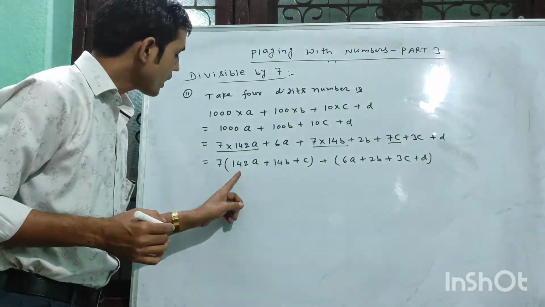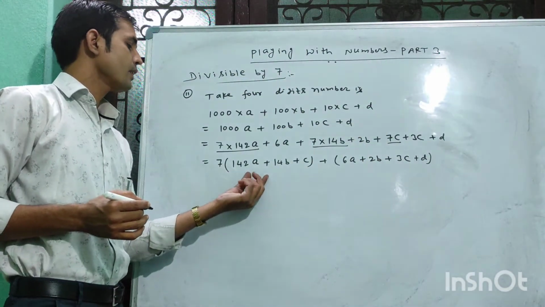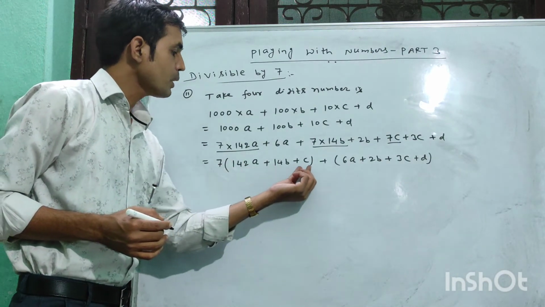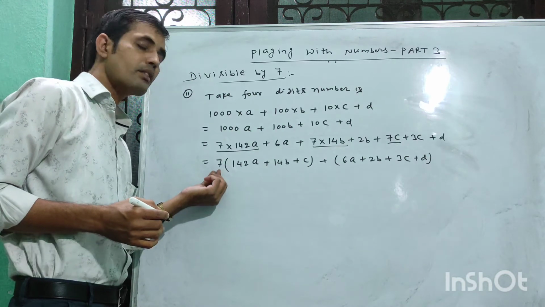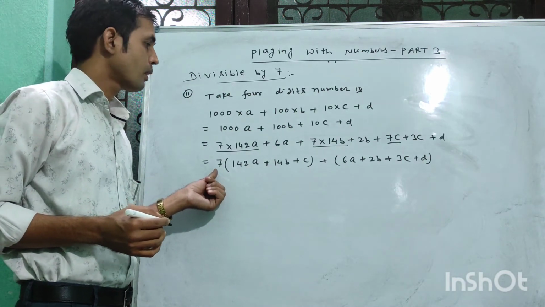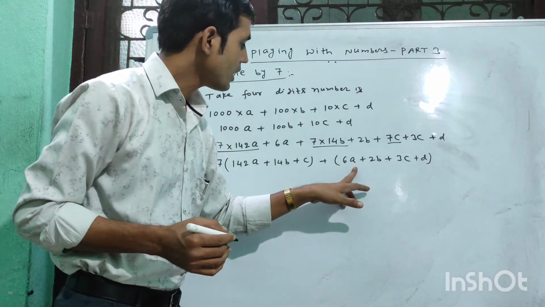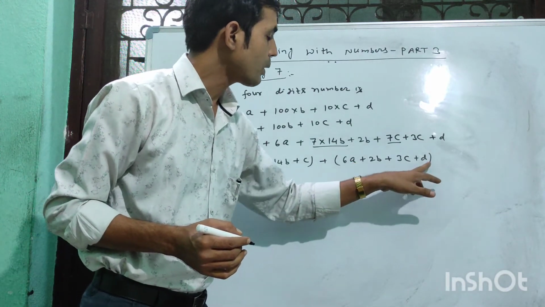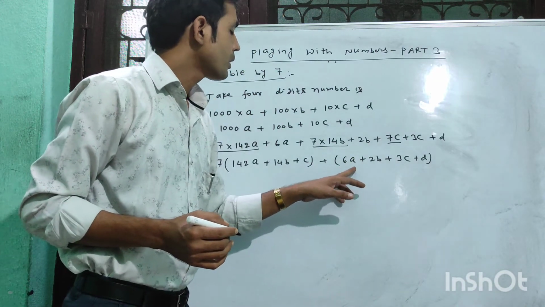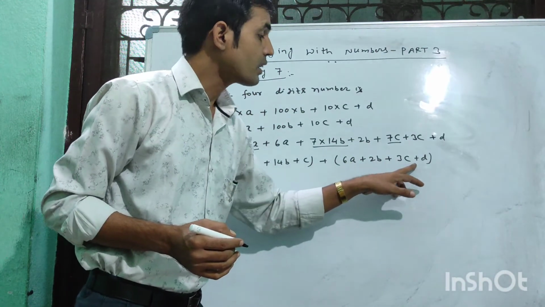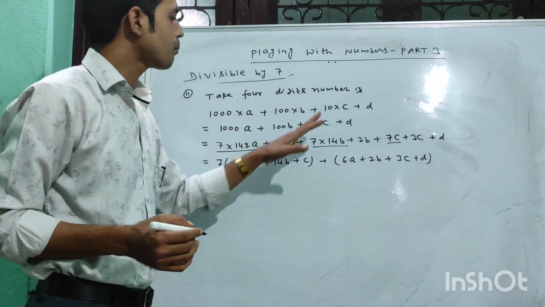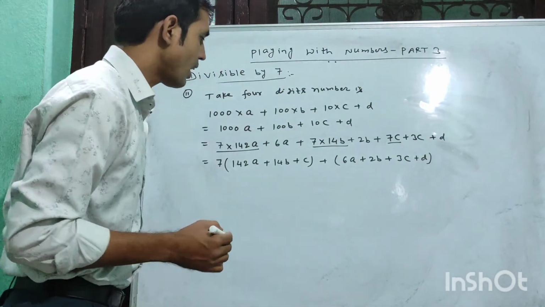Now what are you observing here? 142A plus 14B plus C is divisible by 7. Why? Because it is a multiple of 7. But here, 6A plus 2B plus 3C plus D: if this term is divisible by 7, then we should say the complete 4-digit number is divisible by 7.